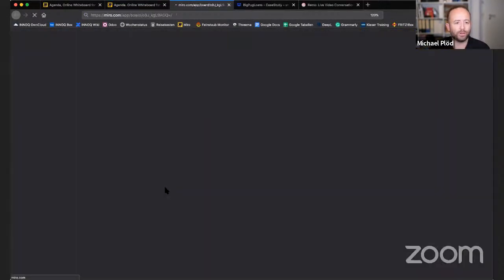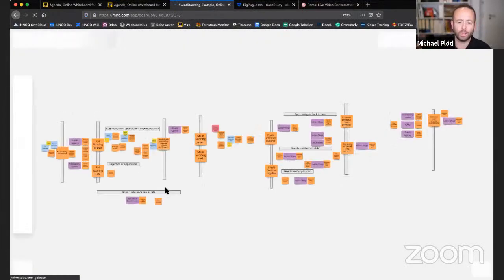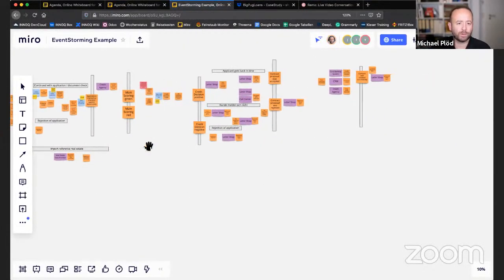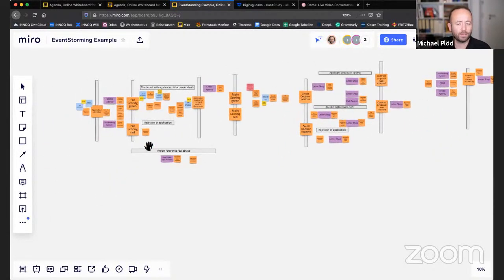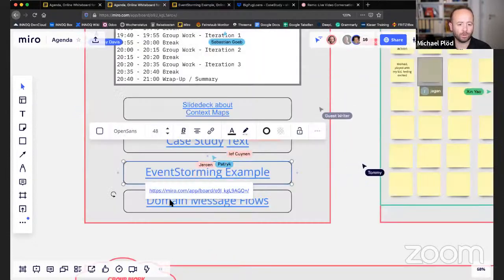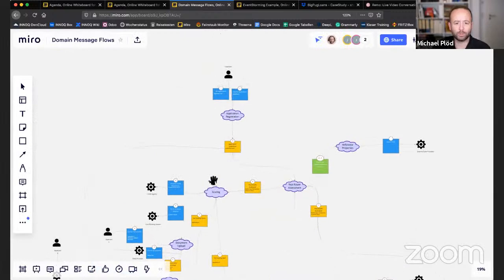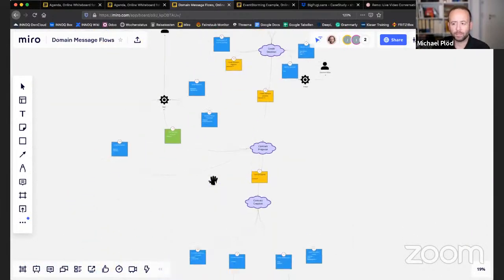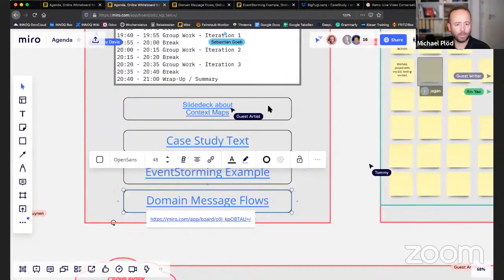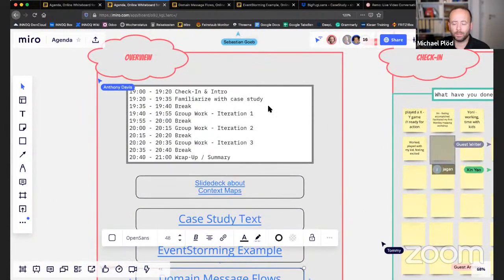I have a brief event storming example, and I will lead you through that in a couple of seconds with some pivotal events, some external systems, some commands, some actors, and also a rather complicated domain message flow, which already contains a bunch of bounded contexts which we are working with.